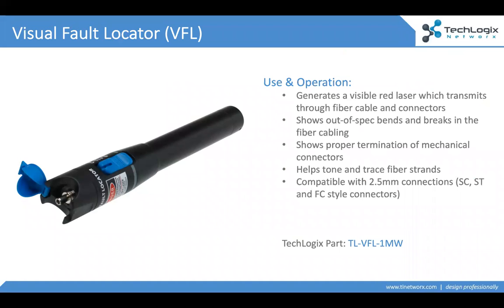Remember that VFL, the tool we use to check our connectors after putting them on the end of our cable? We also use this, as I mentioned, for troubleshooting. The VFL is really the first place you're going to want to start. It should be not only part of your termination kit, but also part of your testing repertoire.